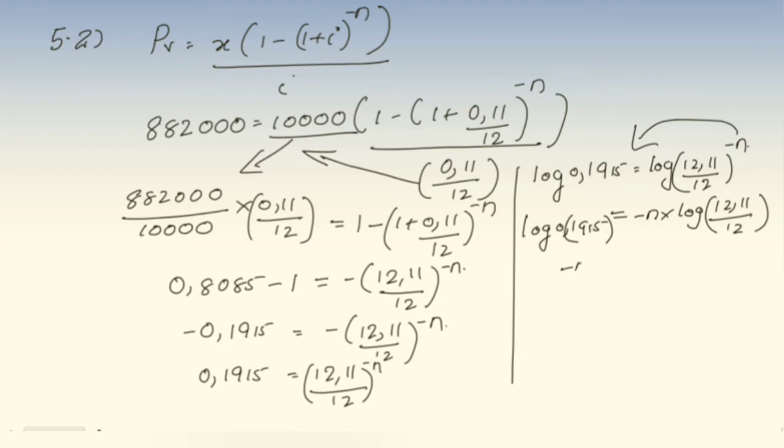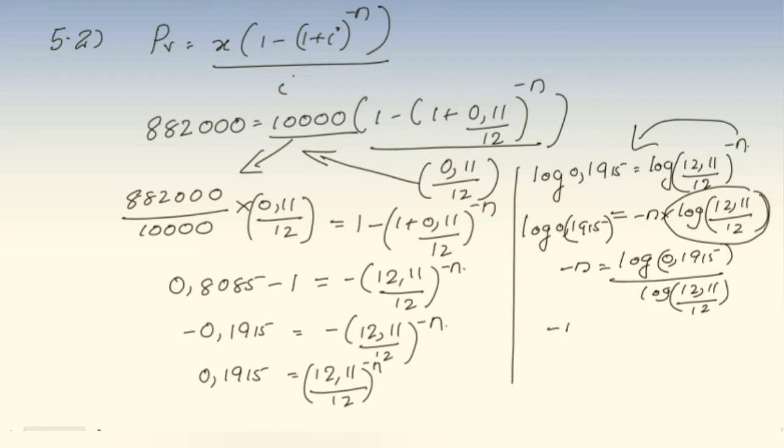That is minus n is equal to, divide both sides, log this one, log of 12.11 divided by 12. That is left hand side log 0.1915 divided by log 12.11 divided by 12.